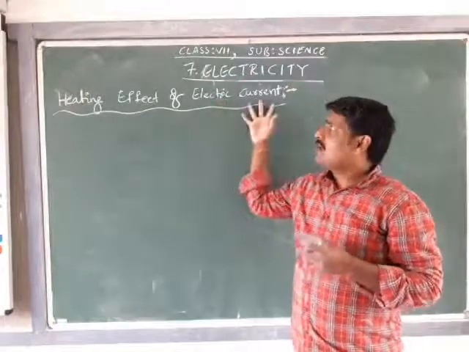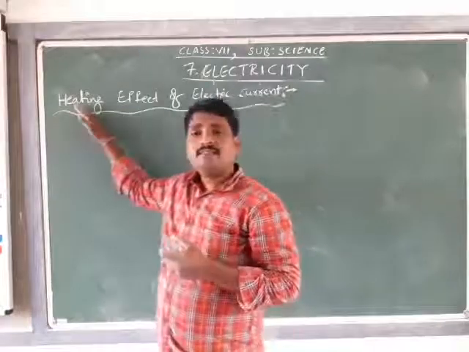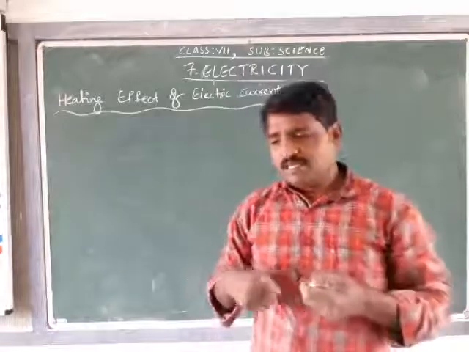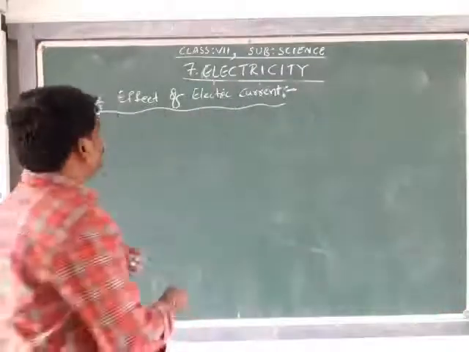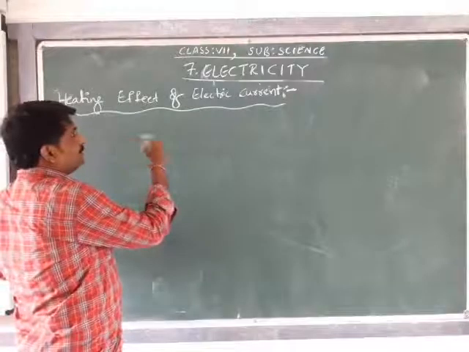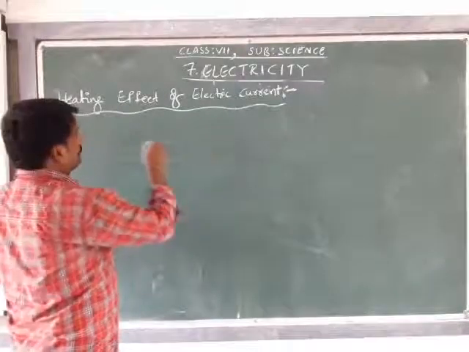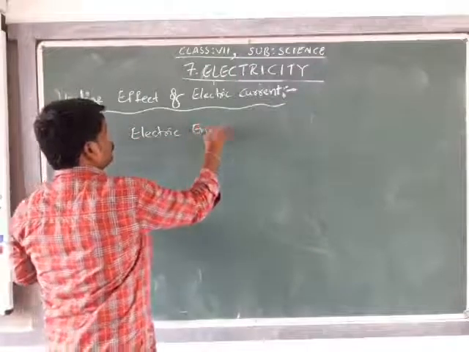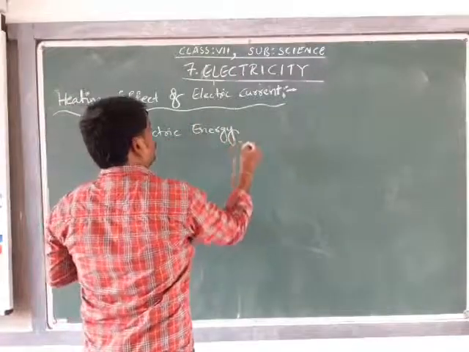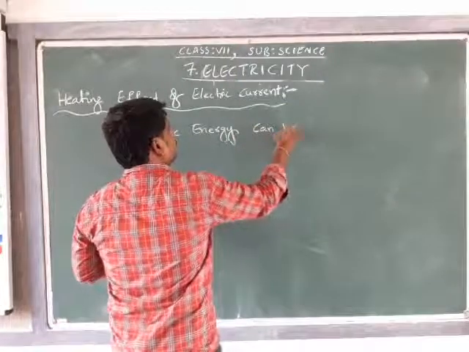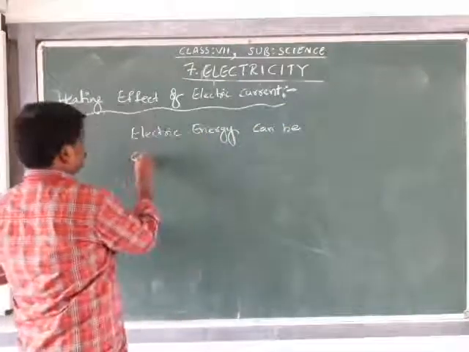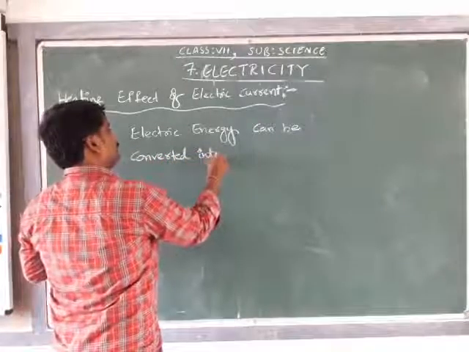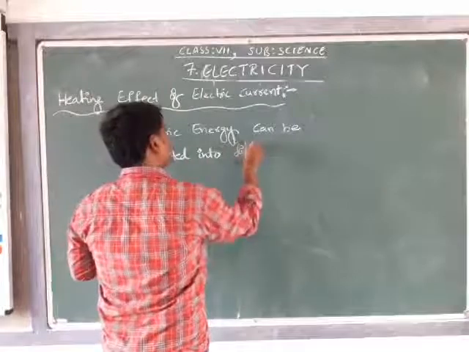See, electricity not only has the ability of heating, it can also take different forms. Electric current changes its form. That is, electric energy can be converted into different forms.